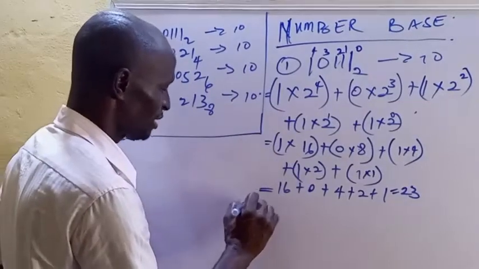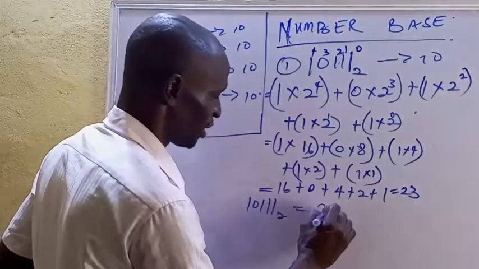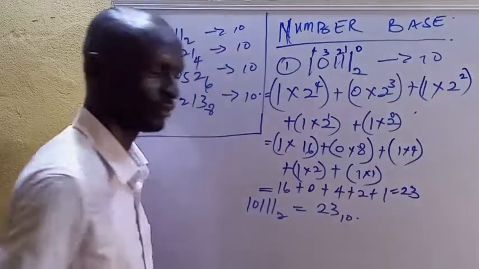So that 10111 base 2 is the same thing as 23 base 10.